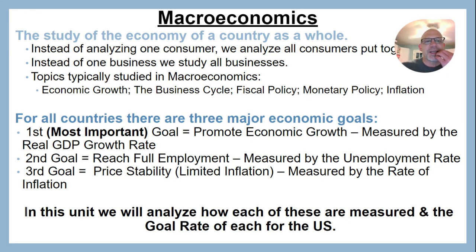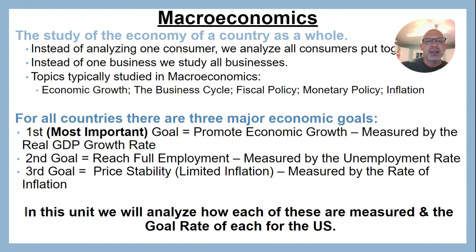So we'll be focusing on the U.S. When we look at these indicators, we call these goals, the real GDP growth rate, the unemployment rate, the rate of inflation, we call these economic indicators because they indicate whether or not we're reaching these goals.